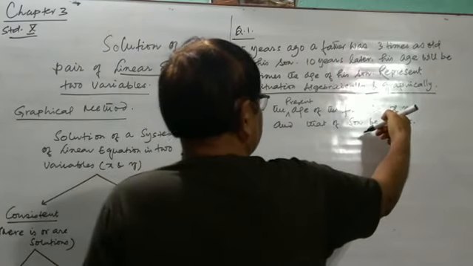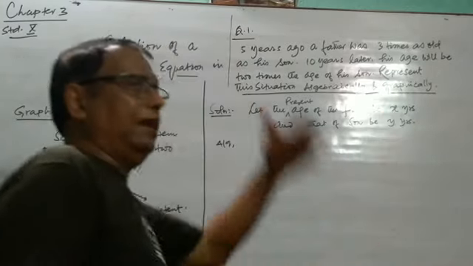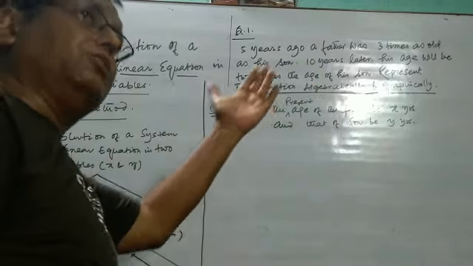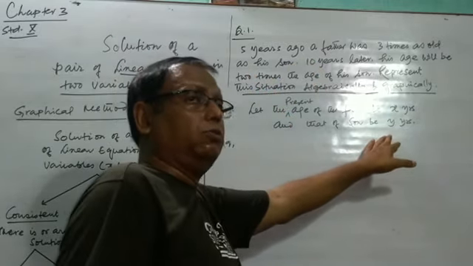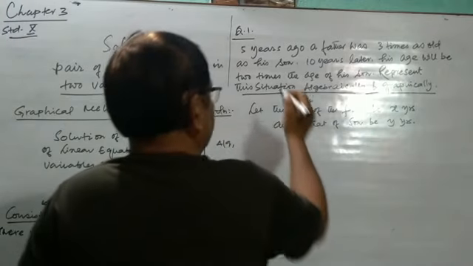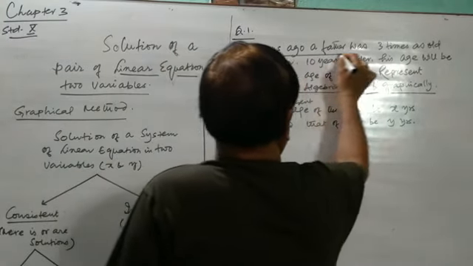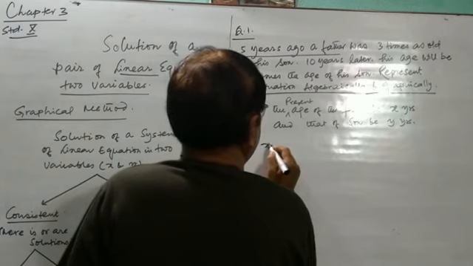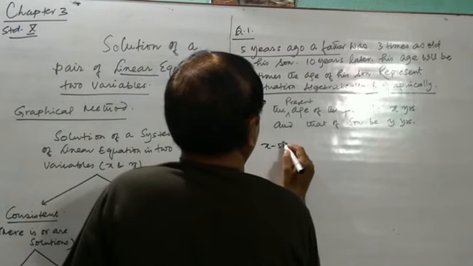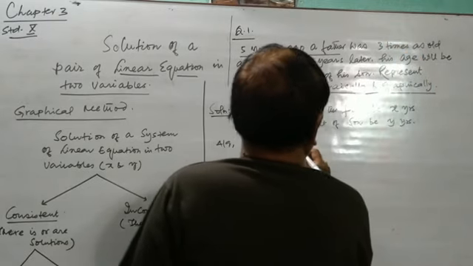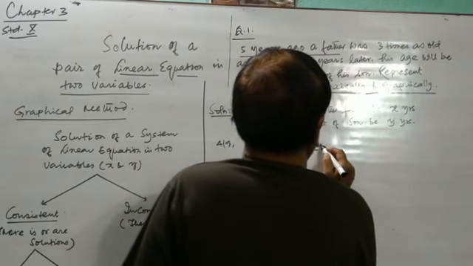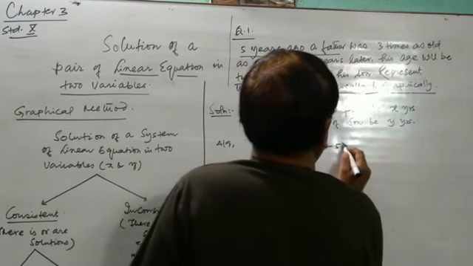So today father's age is X years. So 5 years ago, the father was X minus 5. And the son 5 years ago was Y minus 5. So 5 years ago, X minus 5, the father was 3 times as old as his son.